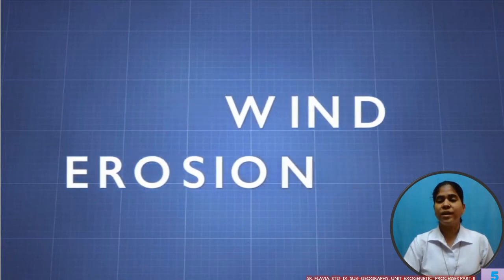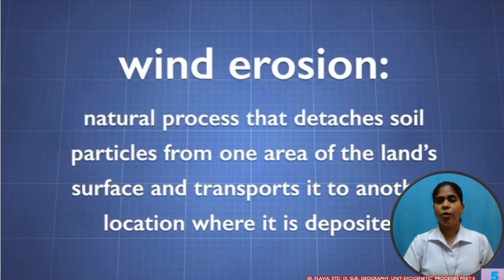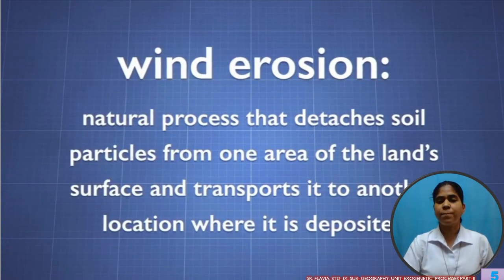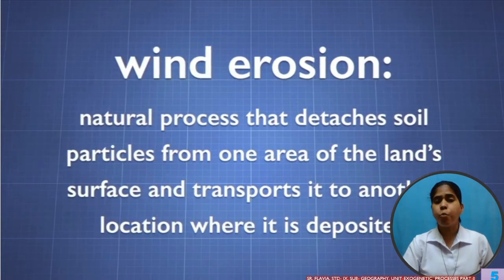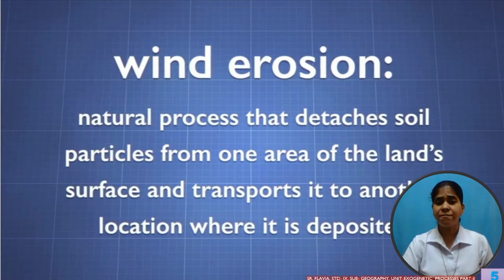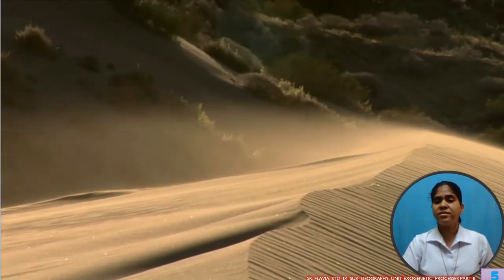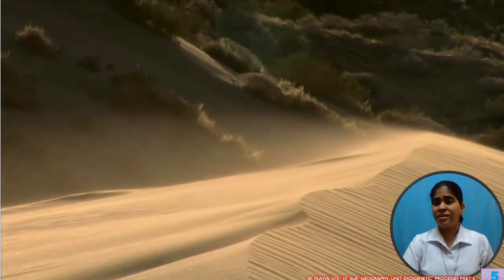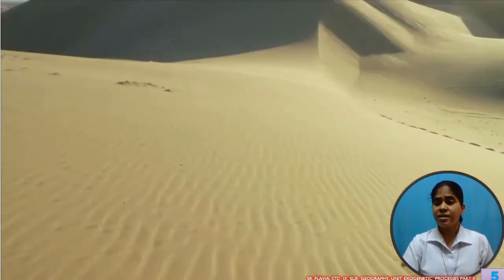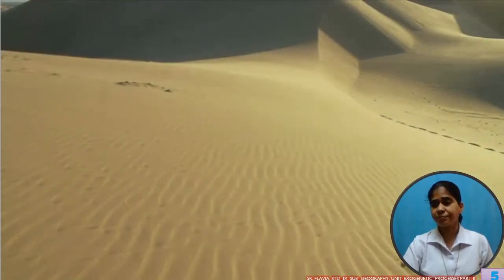What is wind erosion? Wind erosion is a natural process that detaches soil particles from one area of the land surface and transports it to another location where it is deposited. Air movement results in wind that are strong enough to transport the particles of soil and sand.